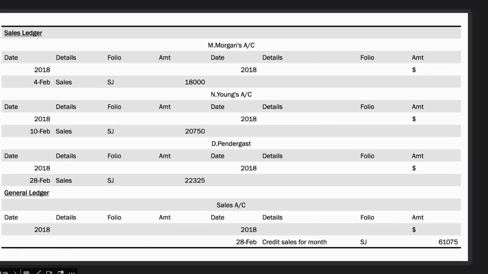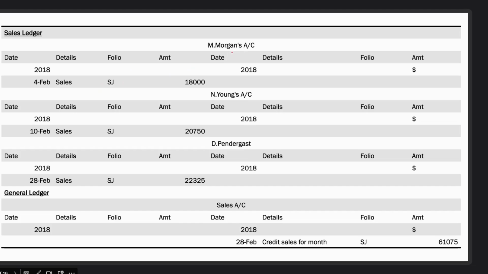Now, I'm going to show you how this looks in your ledger. All right. So in your sales ledger, you would have each person's account. So for M. Morgan's account, on the 4th of February in 2018, we would have sales, which is the other account that this transaction would affect, and it's $18,000.